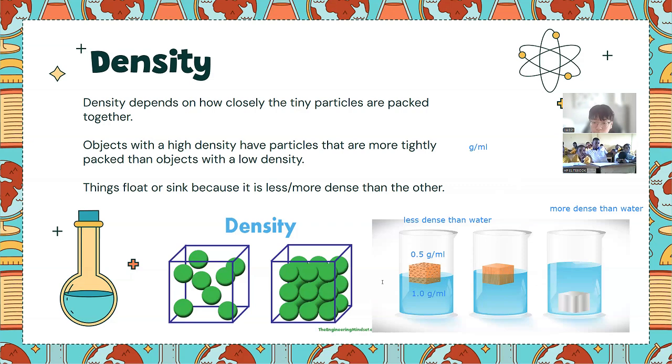Of course, the water is more dense. It has a higher density. And this cube has 0.5 grams per milliliter, so then it floats. And for this one, you can say that it has 2 grams per milliliter, but the water has only 1. So you can tell that this one floats and this one sinks. Okay, that was about density.